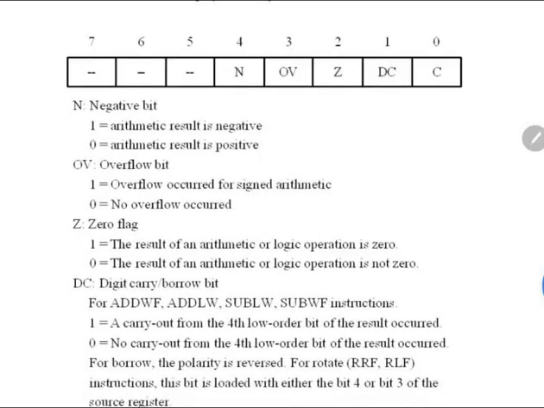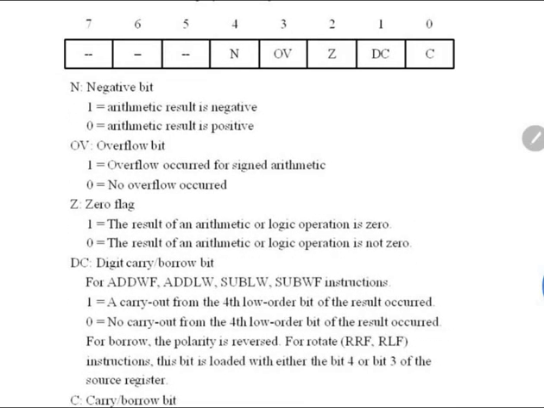Now, out of these 8 bits, the status register only uses 5 bits. You see bits number 7, 6 and 5 are dashes, which means not used. Bit number 0 is C, bit 1 is DC, bit 2 is Z, bit 3 is OV, and bit 4 is N. What do they stand for?